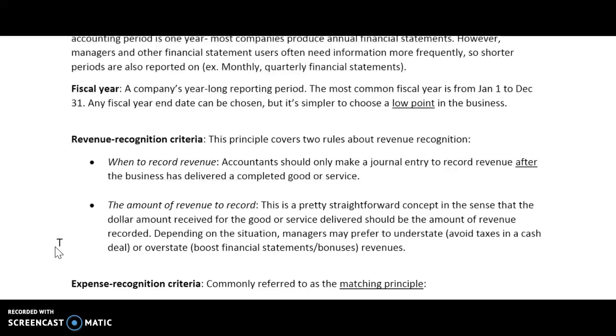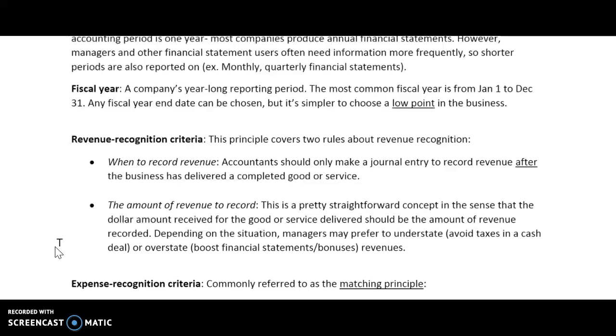And to add to that, we should be reasonably assured that we can collect from our customer or client. So if you do some work and you know that you've done it on a goodwill basis and they won't be paying you, you should not record that revenue.